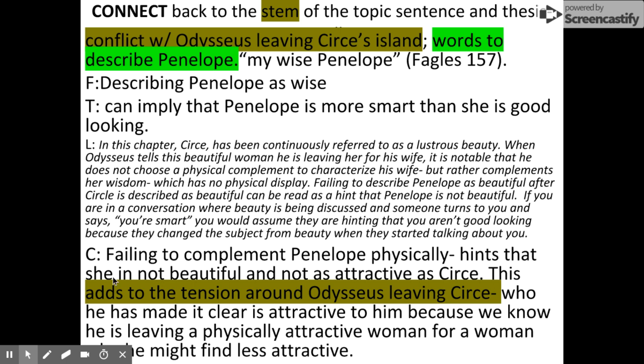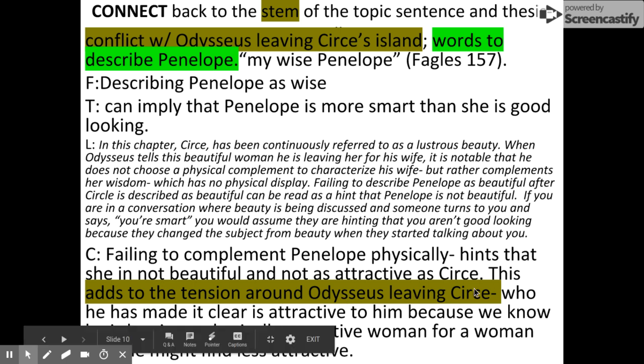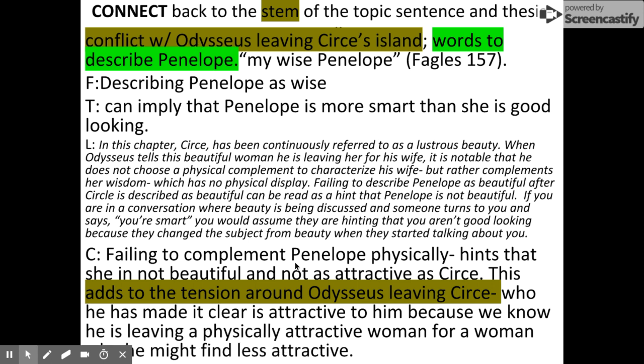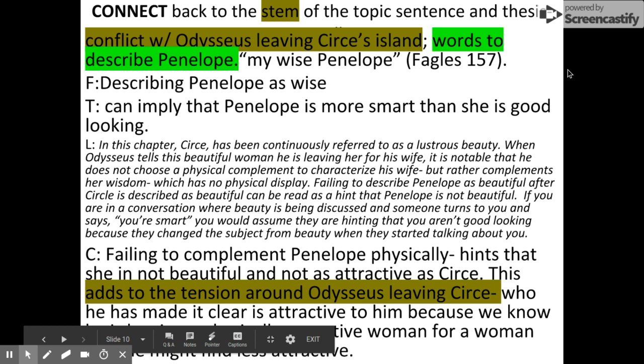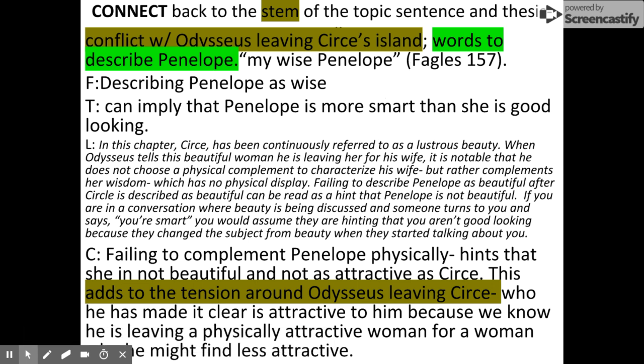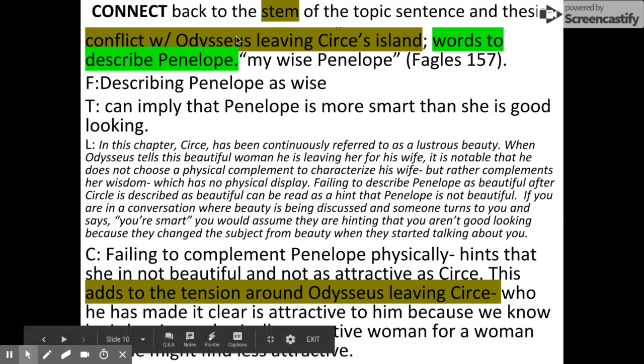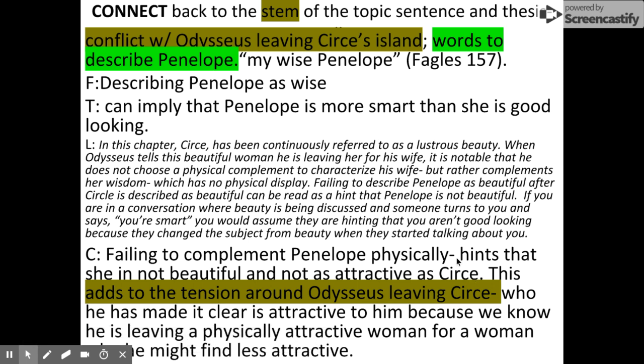And this hint adds to tension around Odysseus leaving Circe. So that's my pretty direct connection. He's made it clear Circe's attractive to him, and now he is leaving her for a woman he finds less physically attractive. And so in the end, I make sure I swing all the way back to my stem. That is how you do focus TLC analysis.